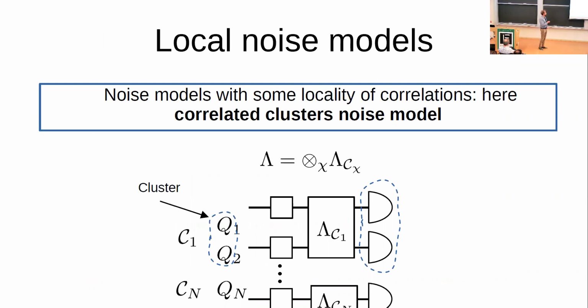And I will decompose the whole noise matrix into a tensor product over matrices describing correlations for different groups of qubits. I will refer to those groups as clusters. And I will put an additional restriction: the size of the cluster will be limited, so there will be a maximum number of qubits that can belong to a cluster.